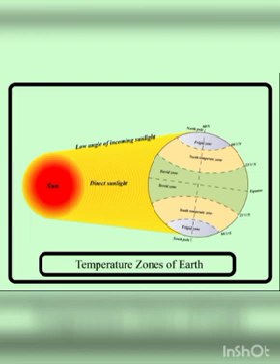As we move far away from the equator, the temperature zones become cooler. The coldest temperature zones lie near the poles, and the hottest temperature zones are near the equator.